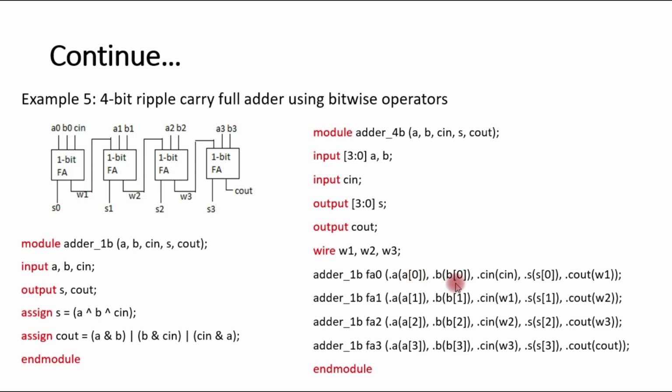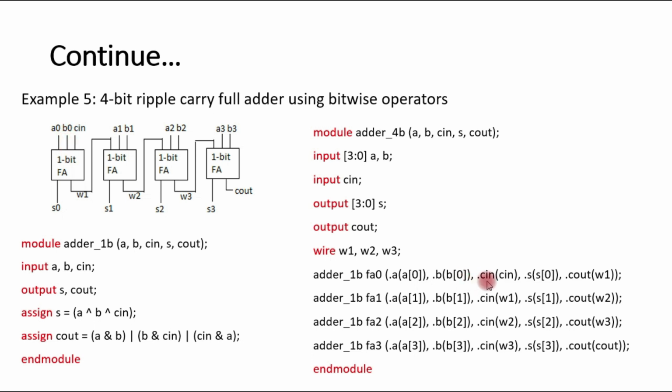One input terminal is A, so .A, and this input terminal is matched with the full adder input terminals. So in case of FA0, the A input signal is here A0. So in bracket we are mentioning A[0], and the second input of the 1-bit full adder circuit is mapped with the second input of the final full adder circuit.